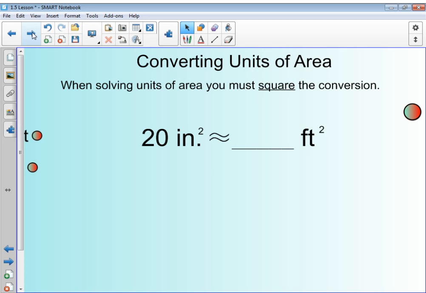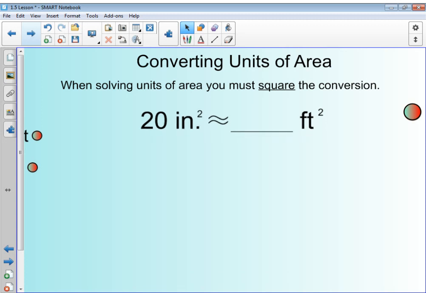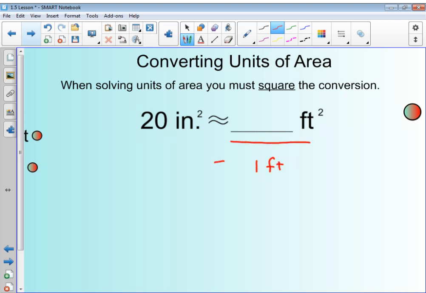So for example, when I look at this sample, I have 20 inches squared equals how many feet squared. So normally when I'm thinking of feet to inches, well, I know that 1 foot, so I'm going to match labels. 1 foot is the same as 12 inches.